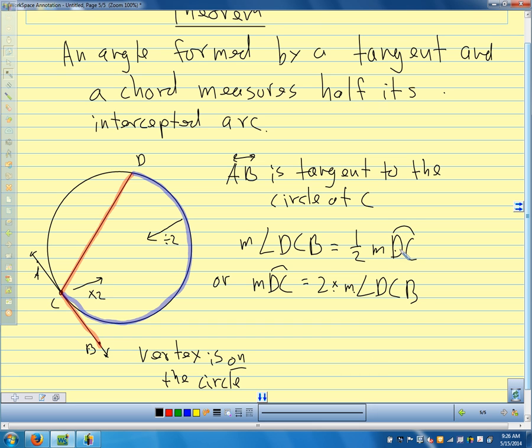We can say the angle equals the arc divided by 2, or the arc equals 2 times the angle. Exact same rules, because our vertex is on the circle. Doesn't matter if we have a tangent or another chord. As long as our vertex is on the circle, our rules are the same.